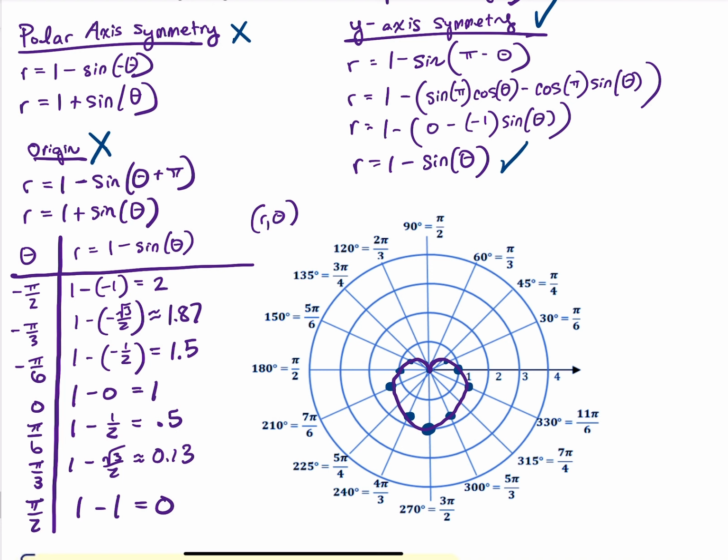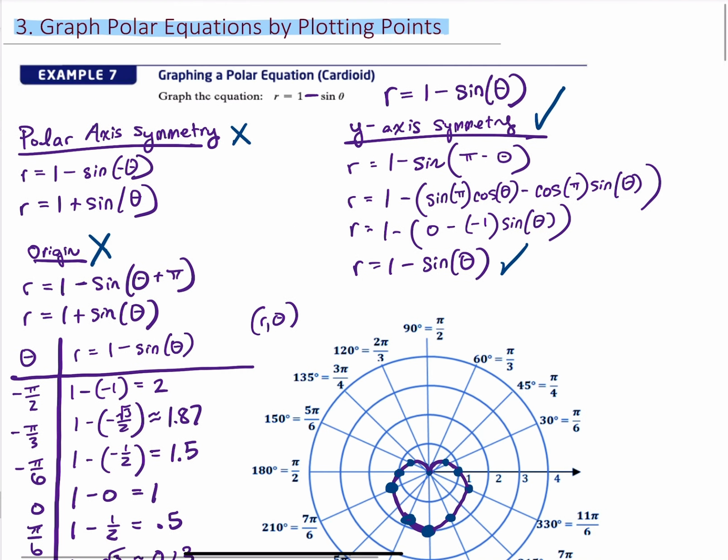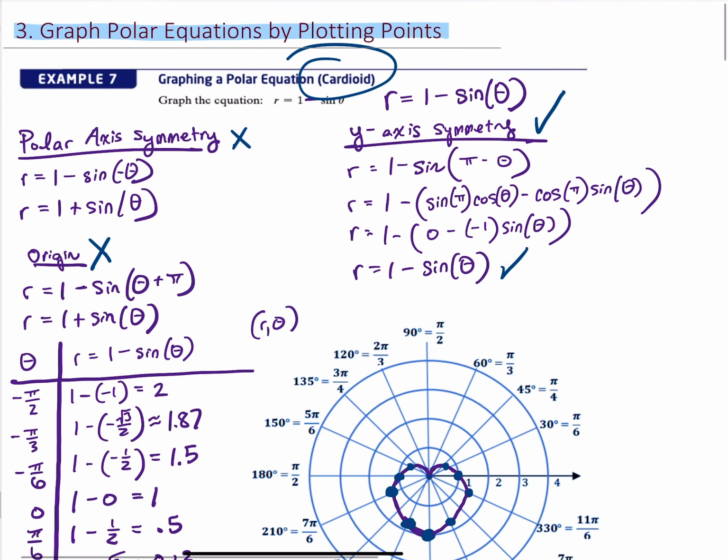It has this sort of sharp indentation on the top. It doesn't have a point on the bottom, kind of exacerbating it a little bit because I really want it to have a heart shape, but it's more smooth on the bottom, and we get a heart shape. So this kind of shape is called a cardioid.